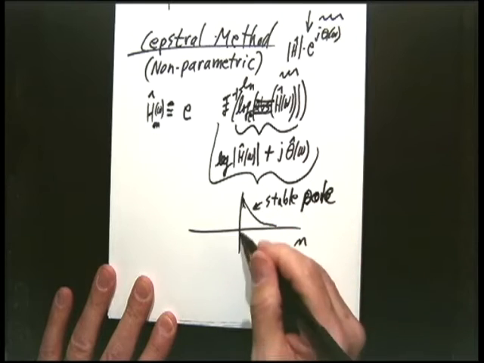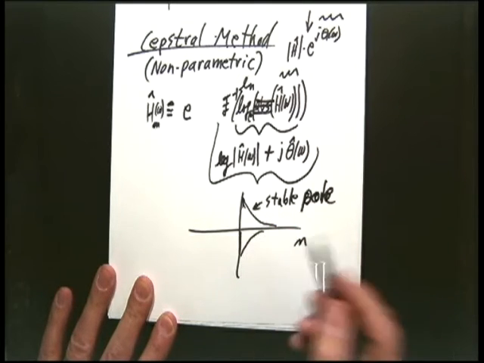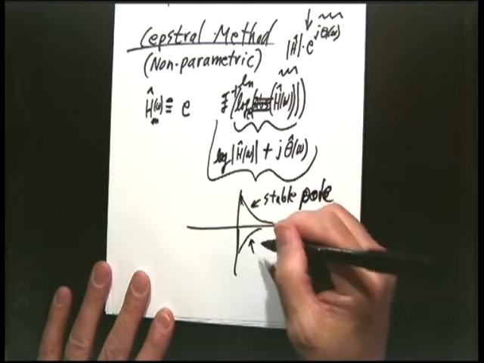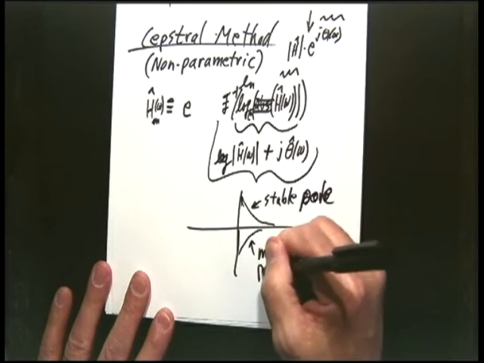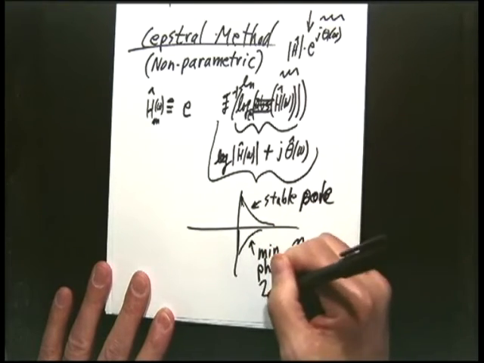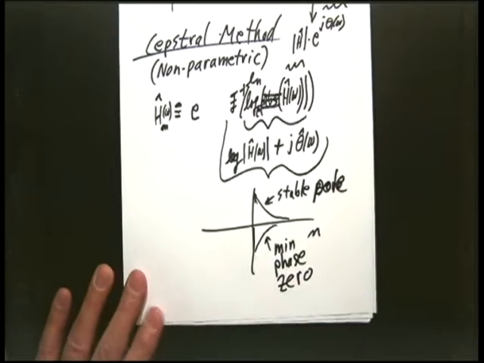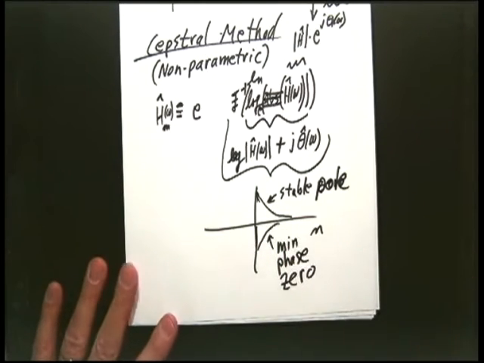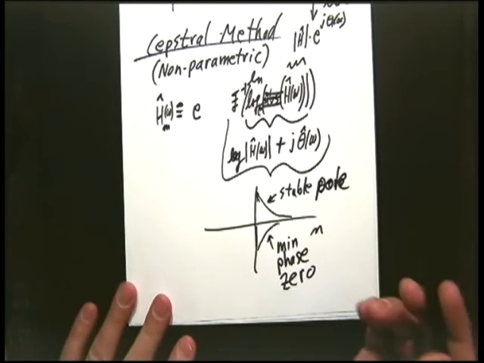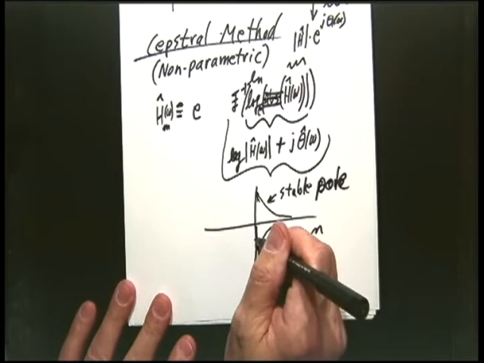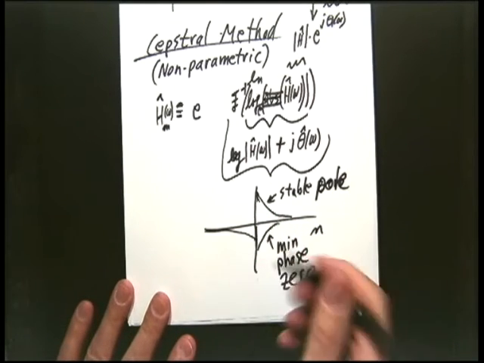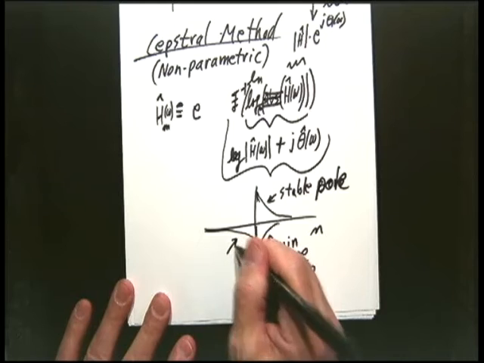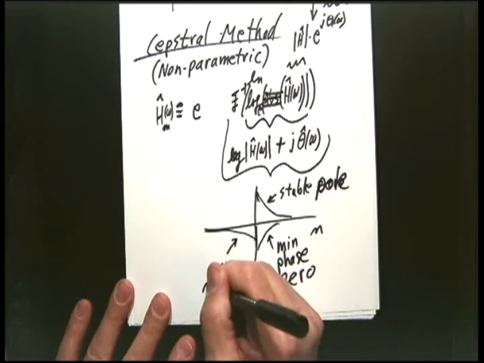And you have exponentials of an opposite sign for every minimum phase zero. But we don't have any unstable poles by assumption. But we will have minimum phase zeros. And so if there's any exponent going to the other side, that's the non-minimum phase zero.